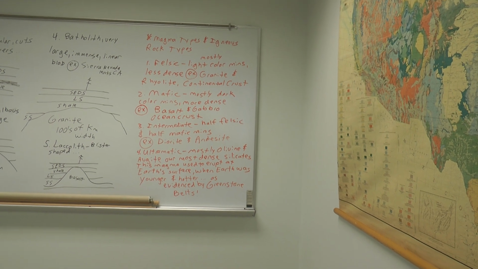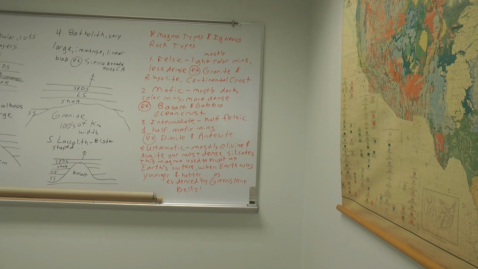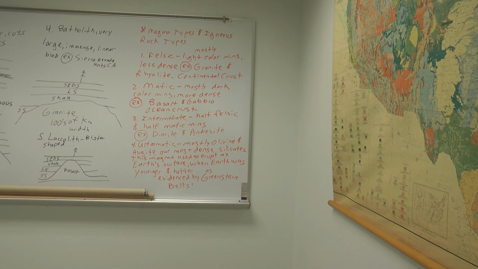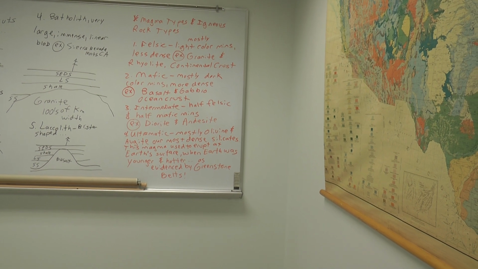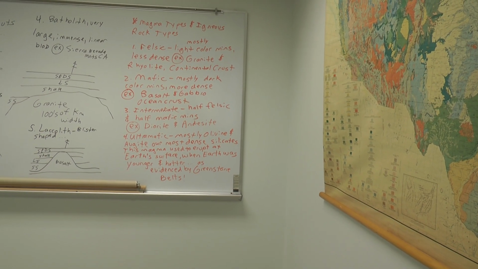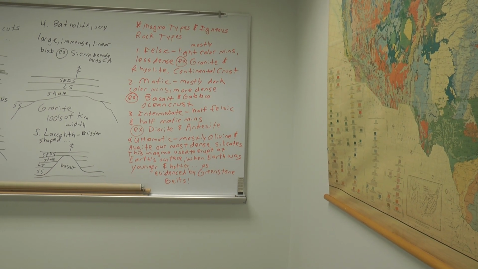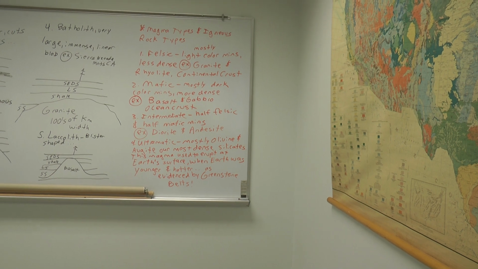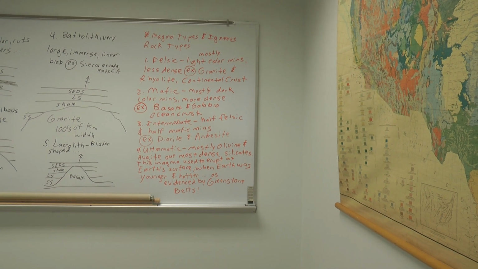Okay, number 4, our fourth and final type of magma is called ultramafic. Ultramafic magma would have mostly just olivine and augite melted in it. And these are our most dense of the silicate minerals. Now, this type of magma no longer erupts at Earth's surface.